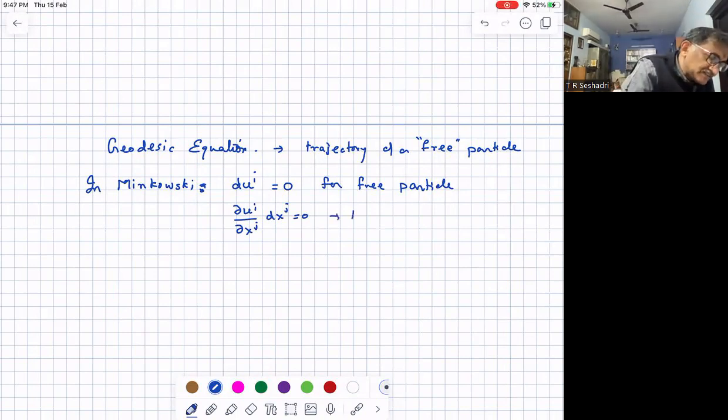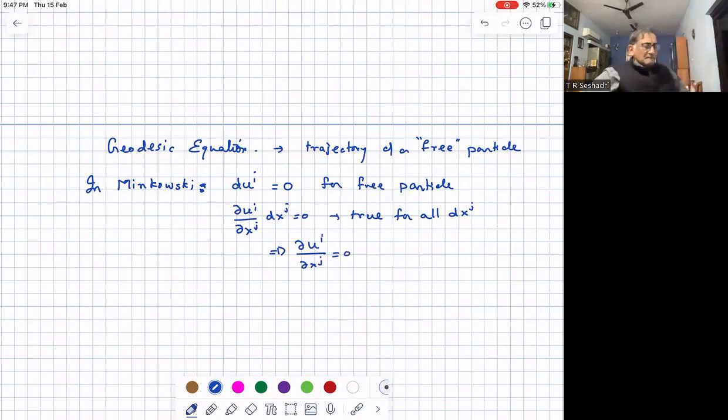Now this is true for all dx^j. It means ∂u^i/∂x^j is equal to 0. All right? Now, this implies u^i_{,j} equal to 0.